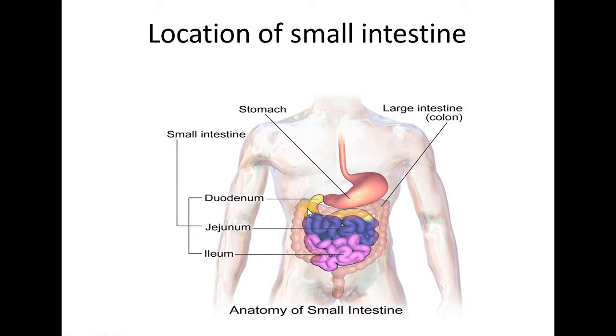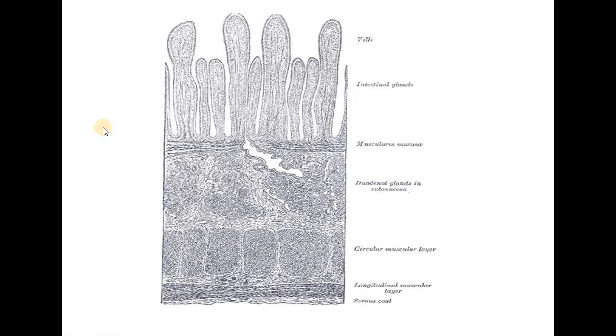The small intestine is divided into three major regions: the duodenum, the jejunum and the ileum. And the small intestine, like the stomach, is made up of four basic layers: the mucosa, the submucosa, the muscularis and the serosa.